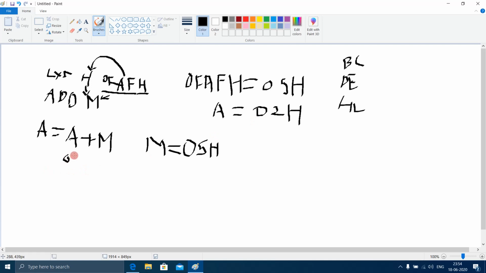So 02 plus 05 will give 07. A is equal to 07. So this is the purpose of LXI H, 0FAFH.